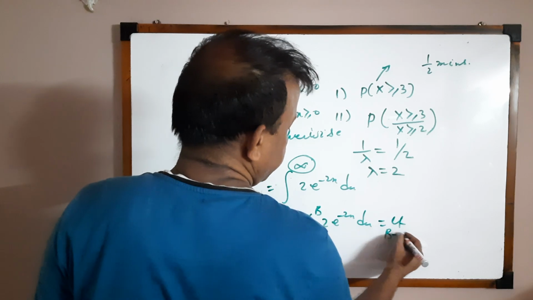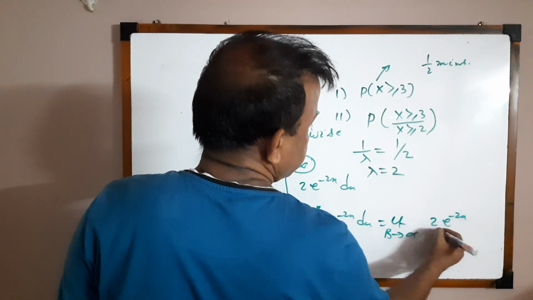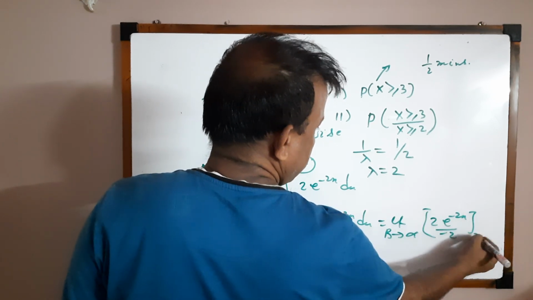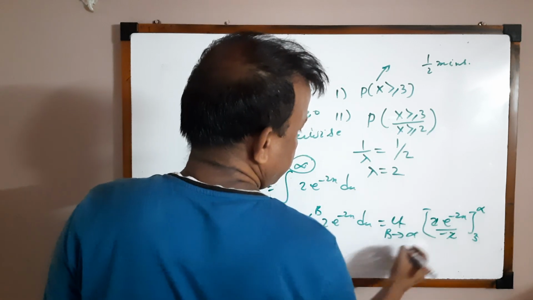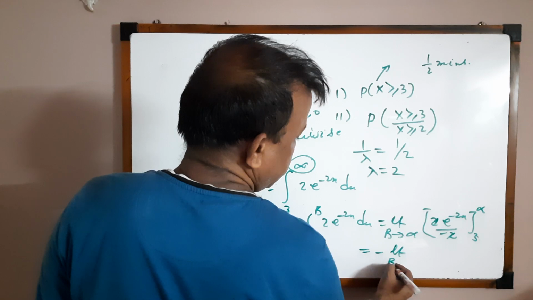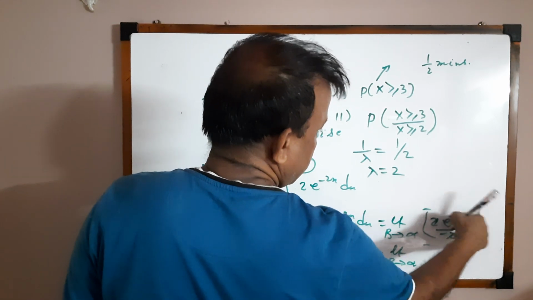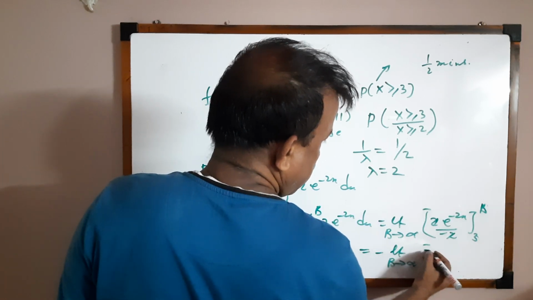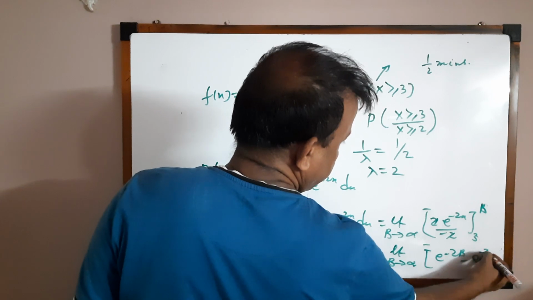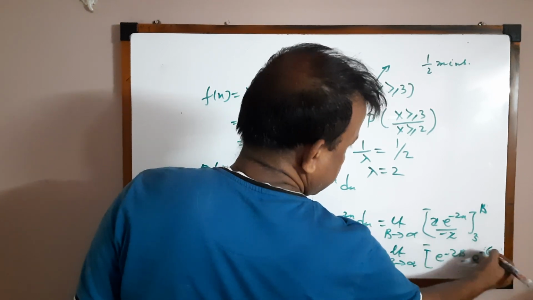Limit b tends to infinity, 2 into e to the power minus 2x by minus 2, from 3 to b, which gives limit b tends to infinity of e to the power minus 2b minus e to the power minus 2 into 3, that is 6.